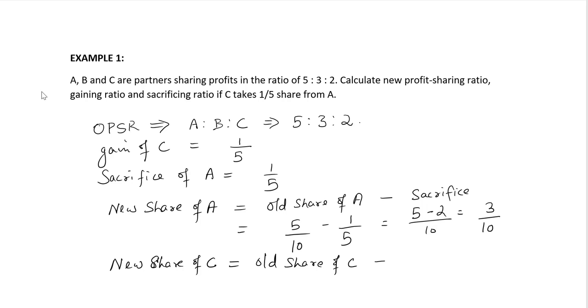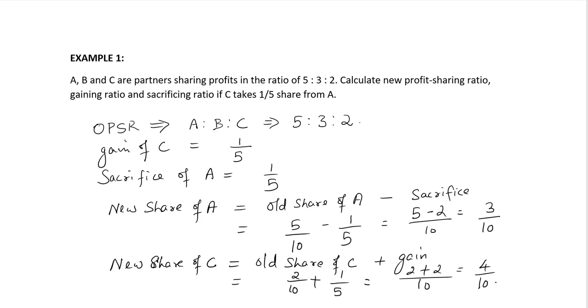So old share of C plus the gain, which is equal to 2/10 plus 1/5. On taking the LCM and adding it up, we get 4/10 as the new share of C.